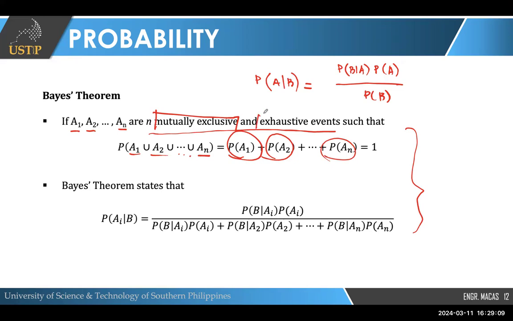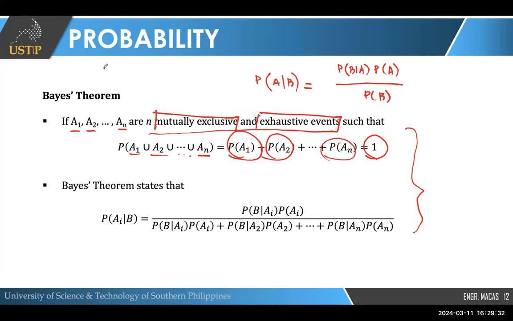The next condition is exhaustive events. It means that if you add all the probabilities of these events, it will equal 1. Meaning, all of these events are in the sample space. That's the idea.